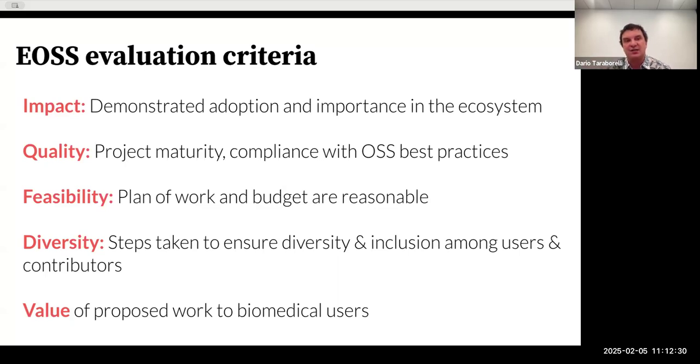And so we assessed it across these 5 criteria: existing impact and adoption in the respective community, the quality of the project from an open source perspective, how compliant it is with best practices in open source maintenance and development, the feasibility of the plan of work, of course, diversity, so steps taken to ensure diversity and inclusion among contributors of the project, and finally, the overall value of the proposed work to biomedical users as a key audience that we're trying to serve through this program.